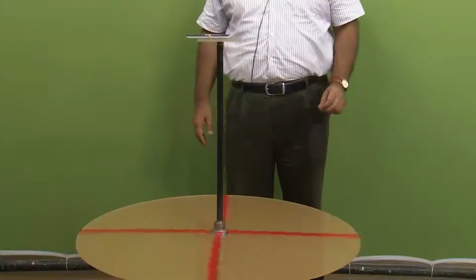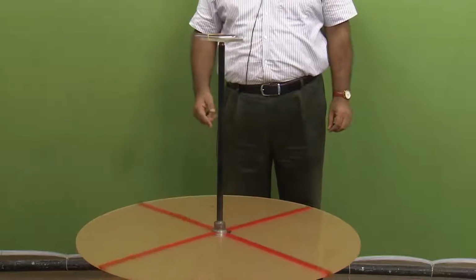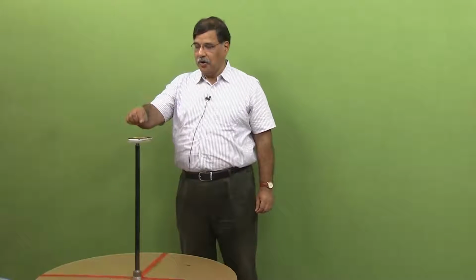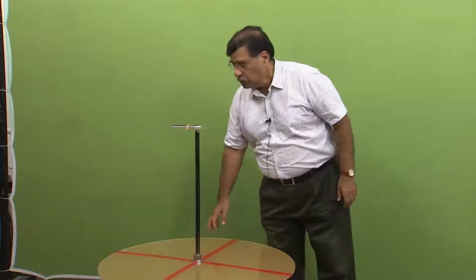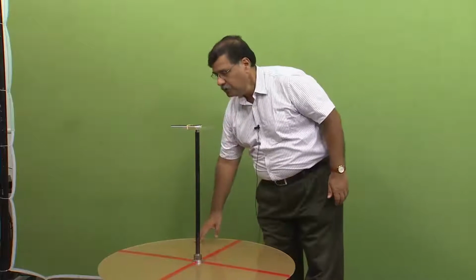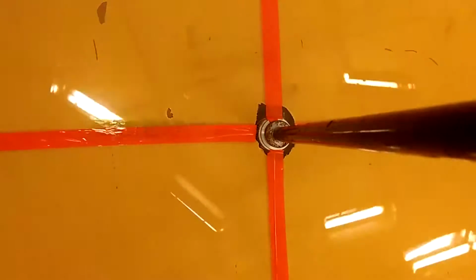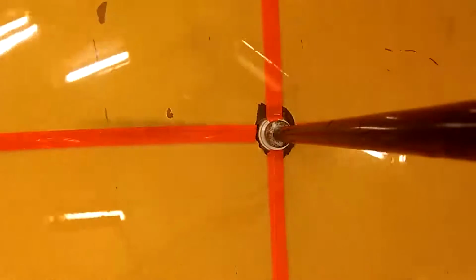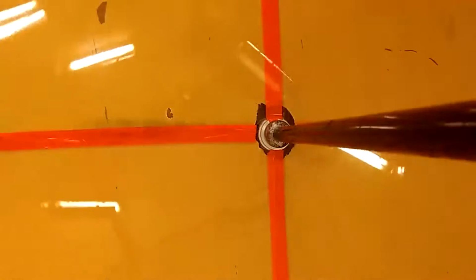Right now I am showing you what is seen from the camera outside, and now I am going to show you what is seen from this video camera on the rotating platform, and you see that the axes are not moving in this frame. Now I rotate this platform, and what you see on your screen is this rotating platform being observed from a camera on the platform itself, and therefore you see these red lines, which show the axes if you like, stationary.